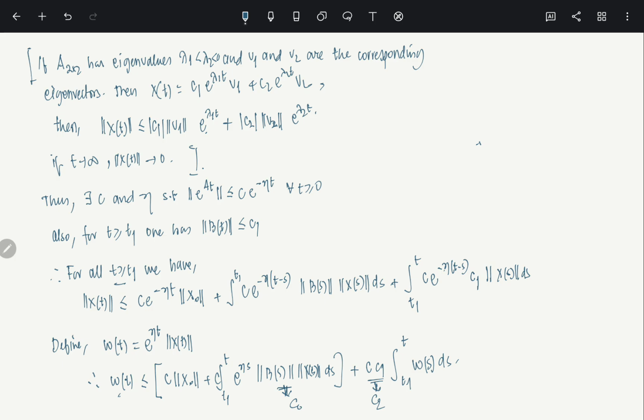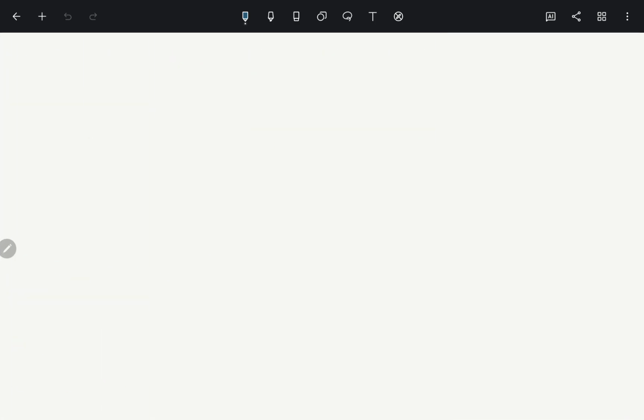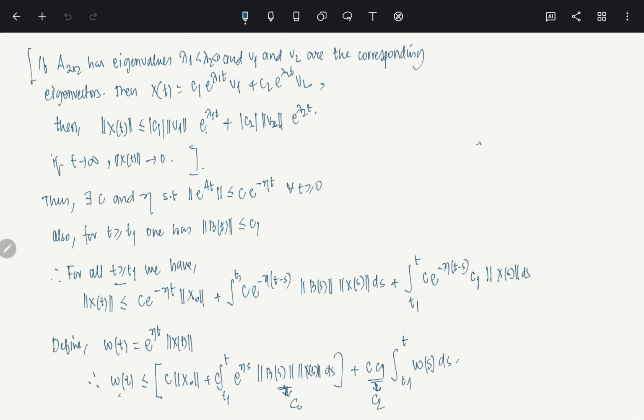Once this is there, what we can say is w of t is dominated by C naught plus C2 times the integral from t1 to t of w of s ds. Right? I can say it. I hope I wrote it correctly.